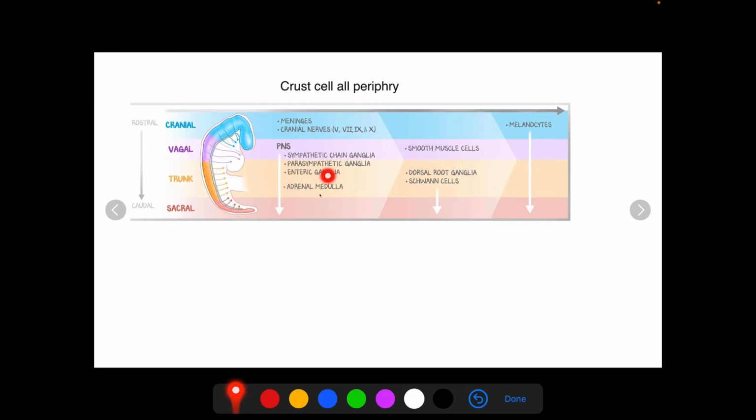Also the adrenal medulla, because it also secretes adrenaline, that's part of the sympathetic nervous system, and also the meninges. Also Schwann cells that cover the nerves of the peripheral nervous system. Dorsal root ganglia are part of the peripheral nervous system. An exception to this is the melanocyte, which is a part of the skin.